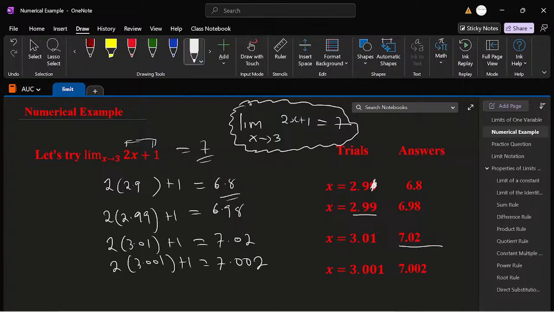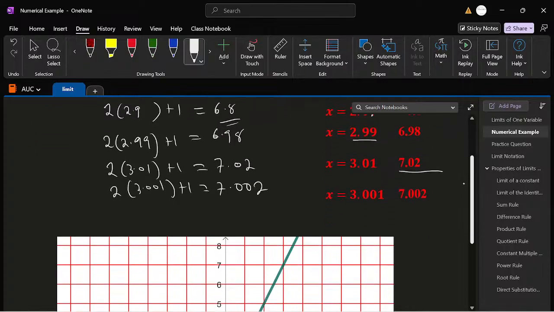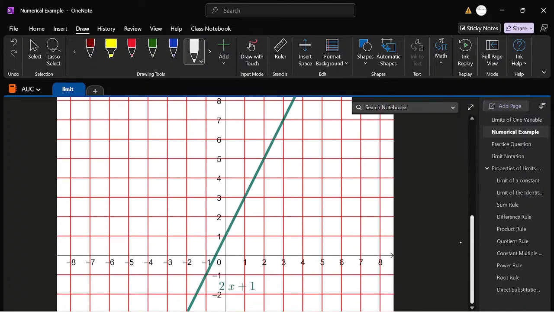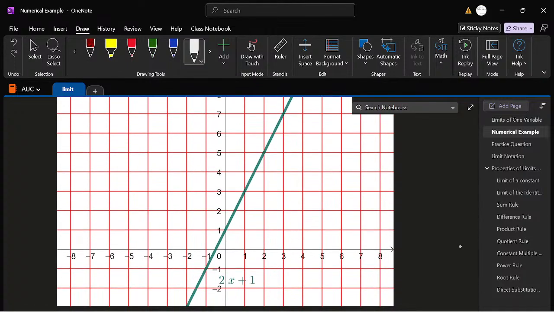So let's look into the graph of this function, that is 2x plus 1 as x approaches 3. I think I need to change the ink here. Okay, good.